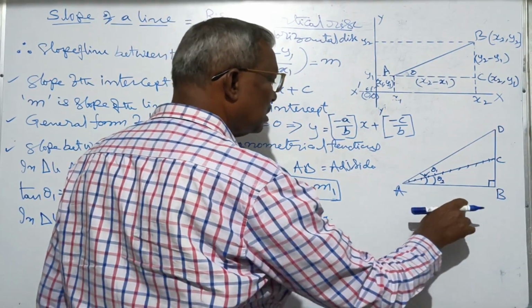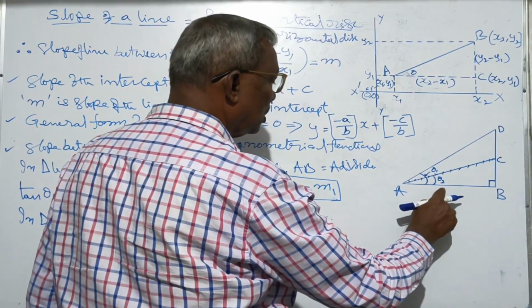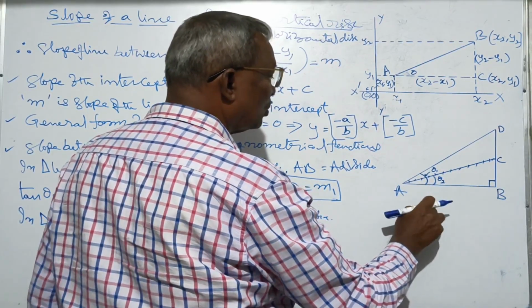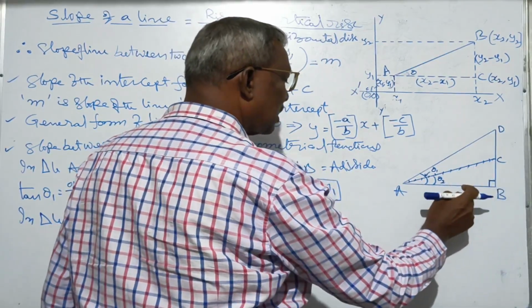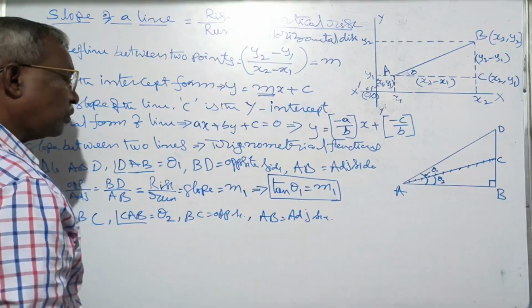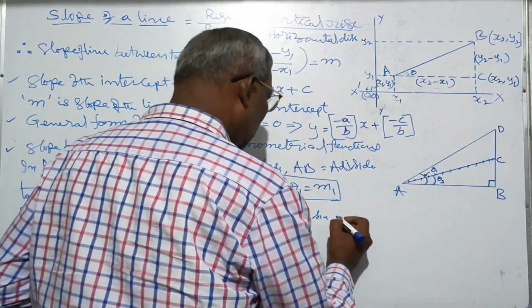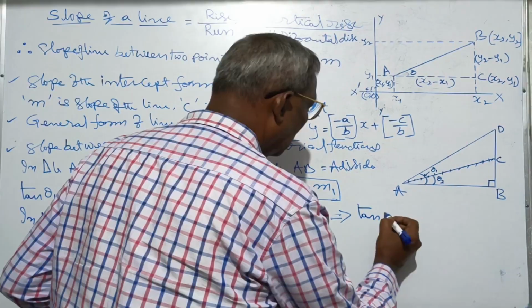Whereas in this line, for angle theta 2, tan theta 2 is equal to rise by run, so the slope of the line is M2.